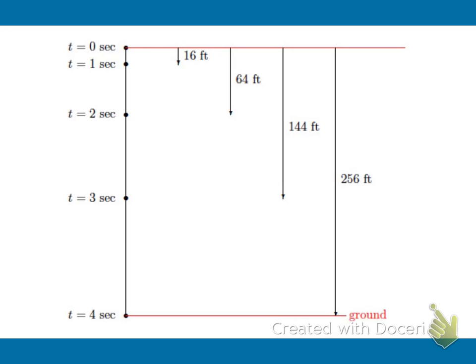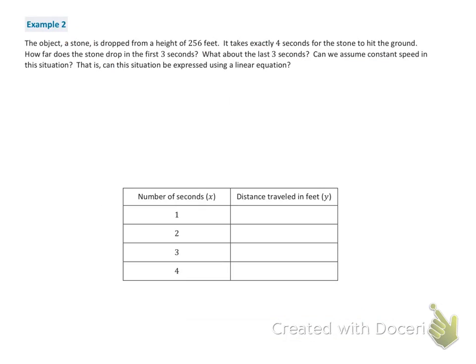Okay, so let's see if we can organize this data into the table. We can put the data that we have in our table. In 1 second, the stone traveled 16 feet. In 2 seconds, it was down to 64 feet distance traveled, and then 144, and finally the 256 feet at 4 seconds.